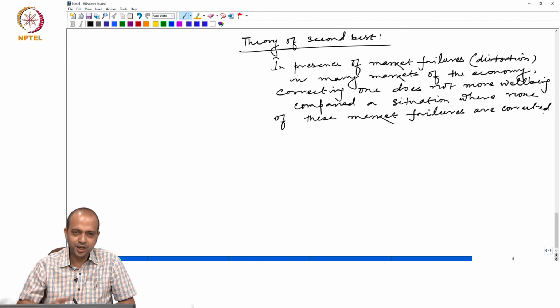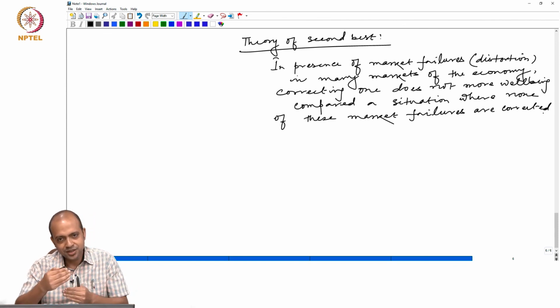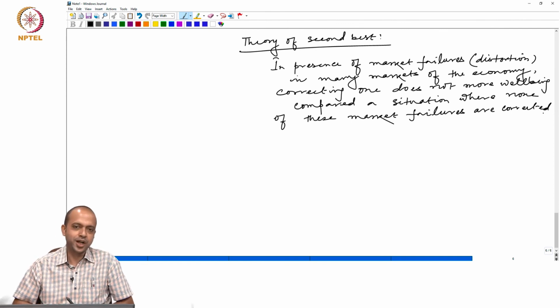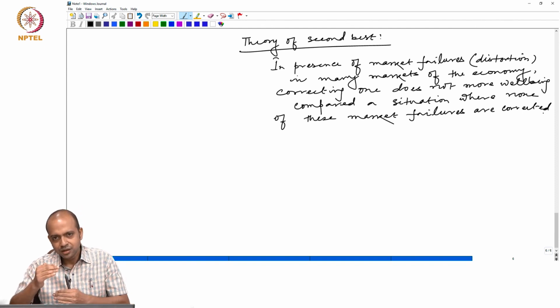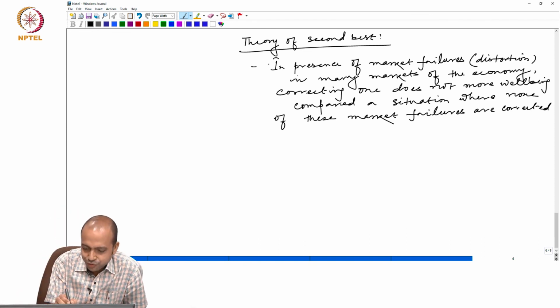But economists proved, by taking this revenue recycling and tax interaction, the net effect is negative. So, if you cannot correct all, let us not correct any of them, so that they will counterbalance each other. Okay? So, they will counterbalance each other.